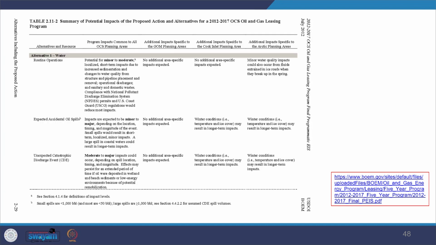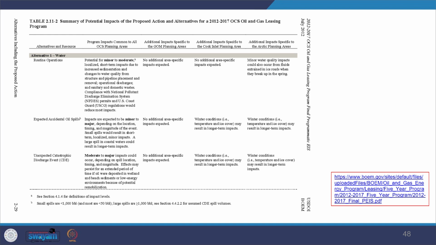So in the table here, you can see potential impacts of projects, proposed actions and alternatives. So because of the proposed program, what is going to happen, and based on all the alternatives, they are talking about 8 alternatives. So here you can see alternative 1, how they are looking at water because of the routine operation, expected accidental oil spill, unexpected catastrophic discharge events, and then program impact common to all planning areas.